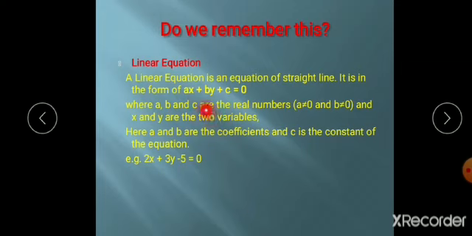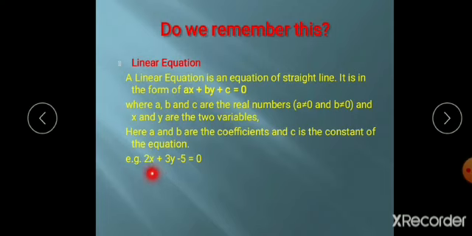Now x and y are called the two variables. ax plus by plus c is the standard form of a linear equation in two variables. And you know how to find the solution for a linear equation. For example, 2x plus 3y minus 5 equal to 0.